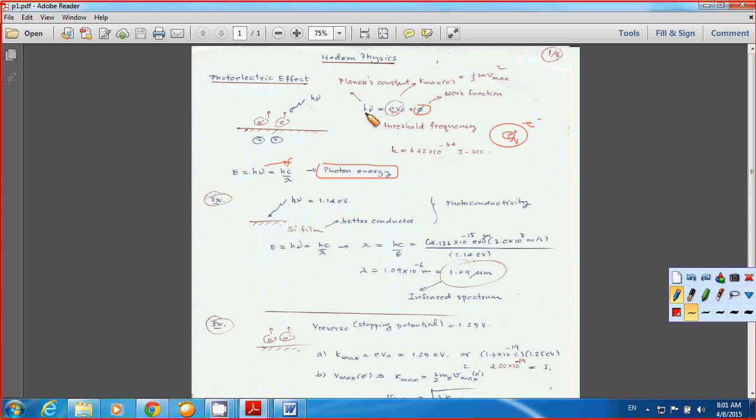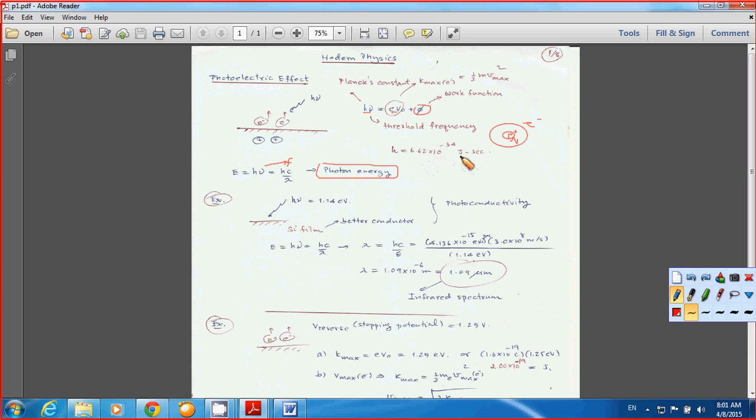So you have the equation: the energy of the photon is equal to the kinetic energy of the electron plus the work function. Okay, and the kinetic energy of electrons using classical physics is equal to 1/2 m v max squared, where h is the Planck constant.